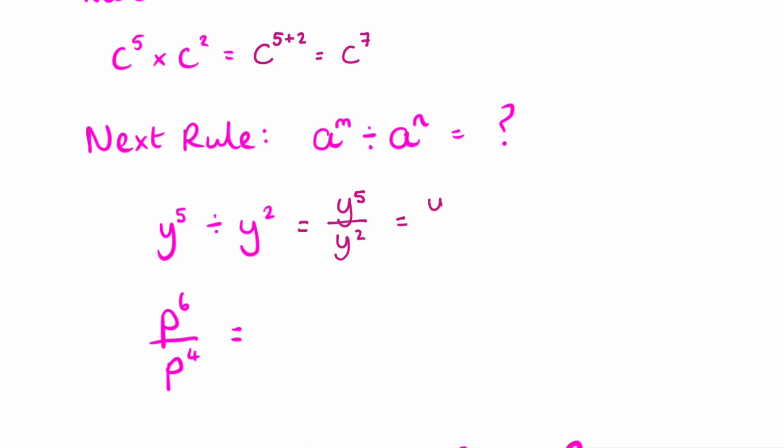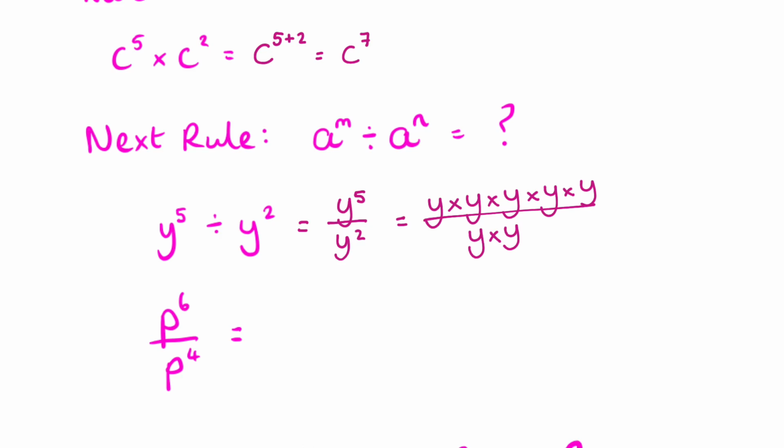So let's write it out in full. So y to the power 5 is y times y times y times y times y over y squared is y times y. Now if you remember from cancelling fractions or simplifying fractions, you can divide top and bottom by the same amount, or you can cancel something on the top with something on the bottom.